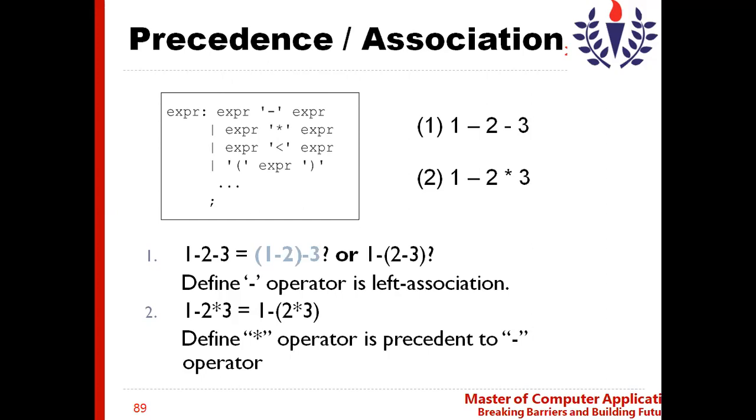According to the associativity and precedence rules, multiplication has higher precedence than subtraction. So we perform 2 into 3 first, then we do the subtraction. In the previous case, we go with the associativity rule.